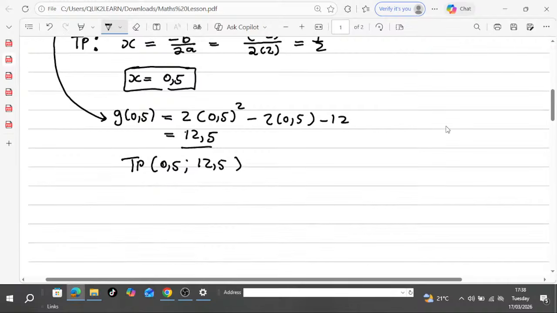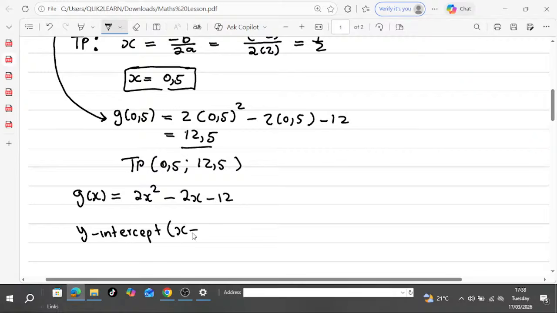Remember, we have g at x, which is 2x squared minus 2x minus 12. To find the y-intercept, we find it when x is 0, meaning that wherever there's x in the equation, we need to put 0.